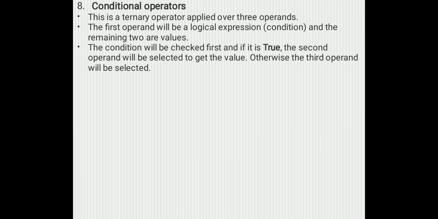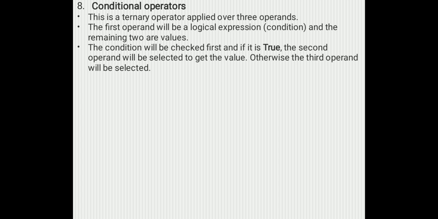And the next is the conditional operator. The conditional operator is a ternary operator, that is, it is applied on 3 operands. The first operand will be a logical expression and the remaining are 2 values, and the condition is checked first.